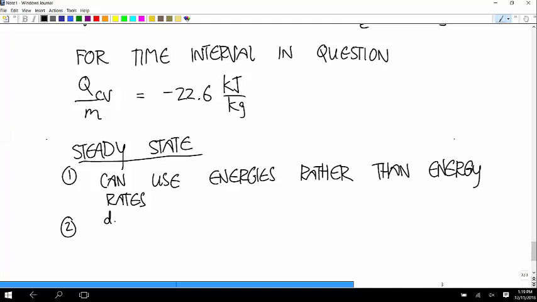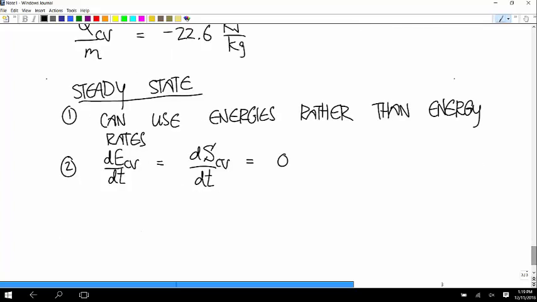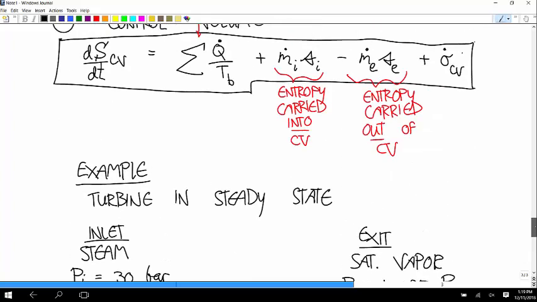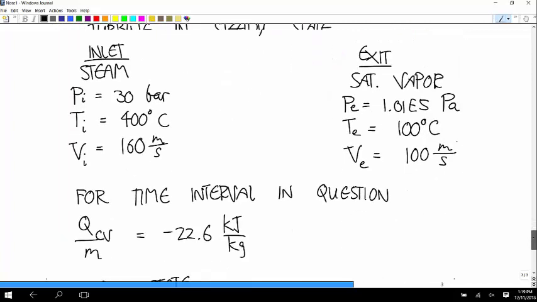And if we use the first law, we also know that dE dt is going to be 0. So dE dt is equal to ds dt is equal to 0. And then the last thing that's helpful is, if you look up at this equation, like we used to for the first law, we have separate mi dot and me dot. We know those are the same. We can just call it m dot.